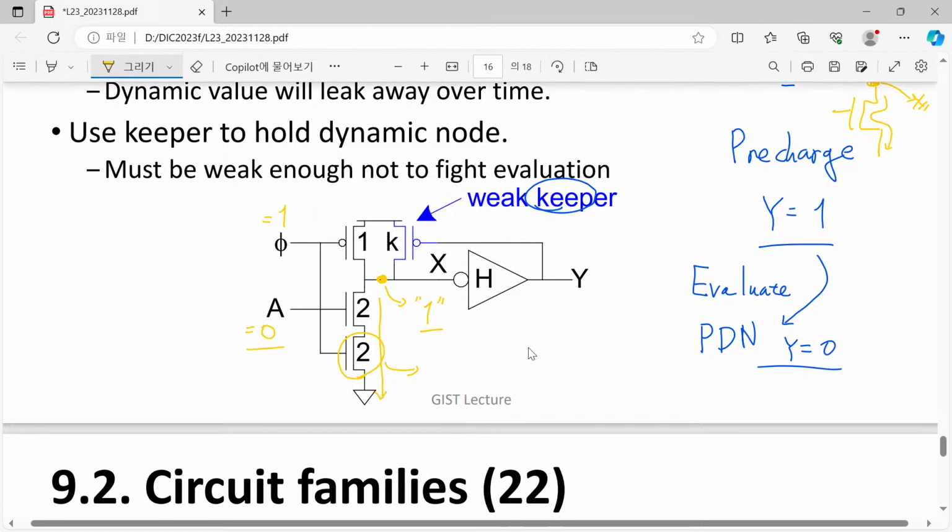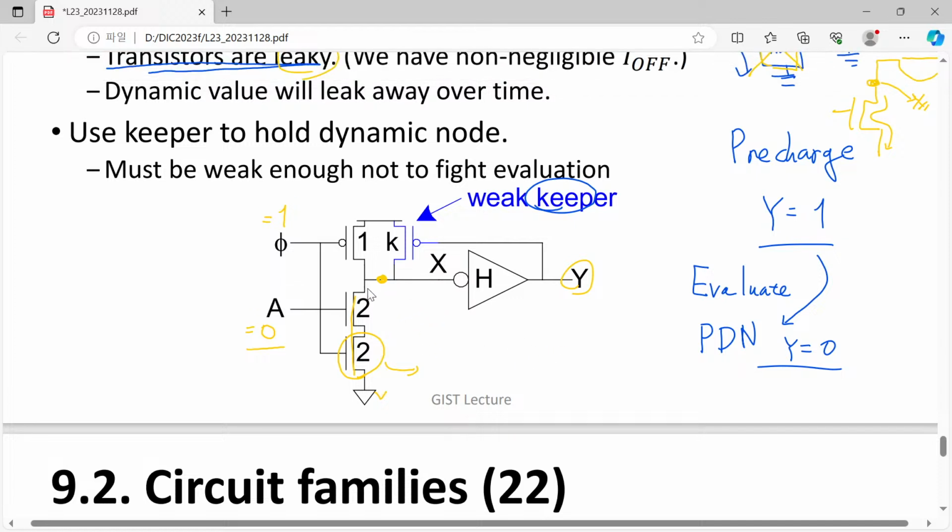After some time, this node value will be decreased from VDD by the leakage current times a certain resistance shown here. So this will be smaller than the Y value or VDD value. In order to prevent this problem, here we introduce a simple trick.